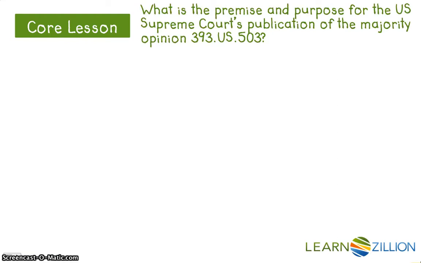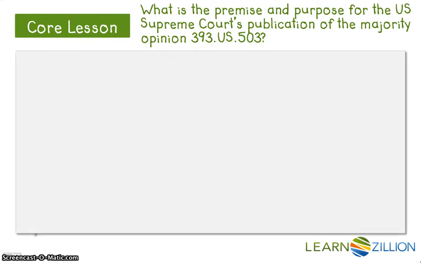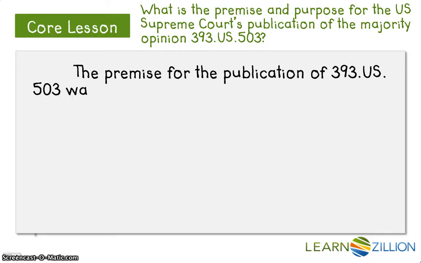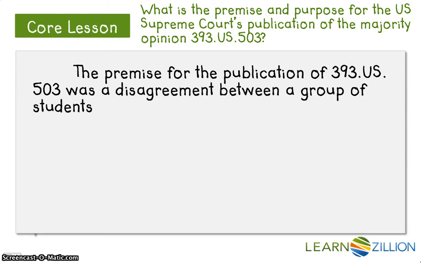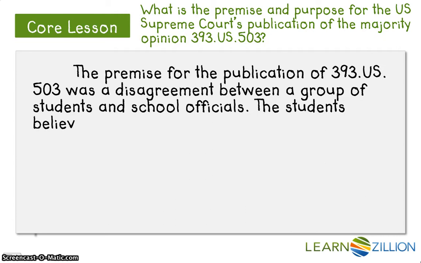Returning to our original question, what is the premise and purpose for the U.S. publication of the majority opinion 393 U.S. 503? I have learned that the premise for the publication of 393 U.S. 503 was a disagreement between a group of students and school officials.